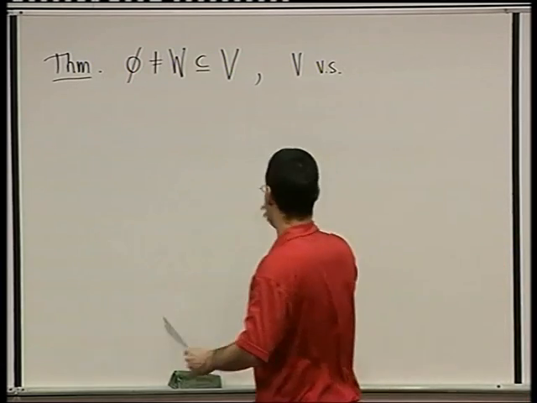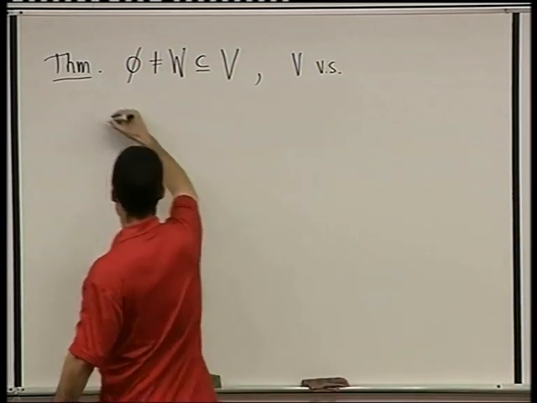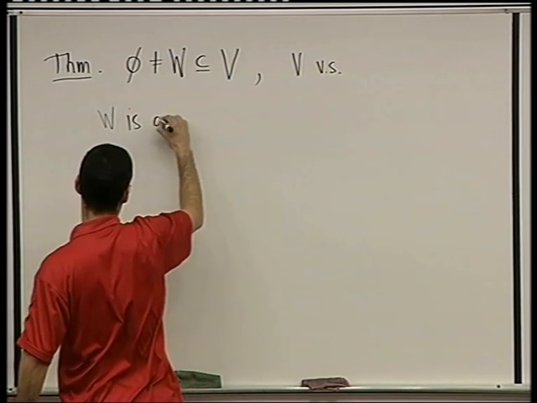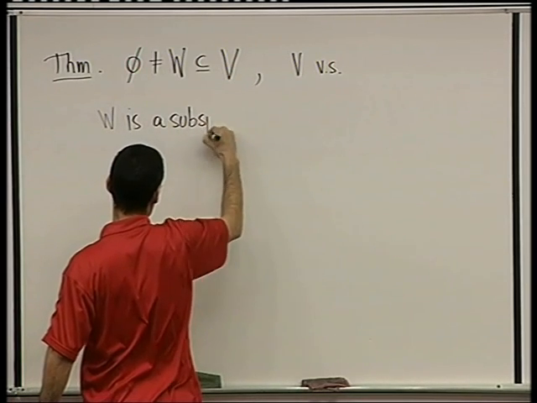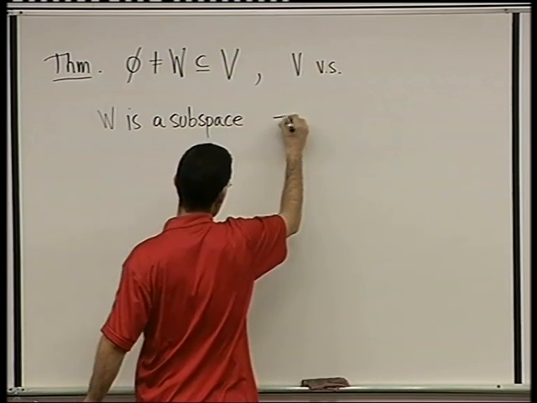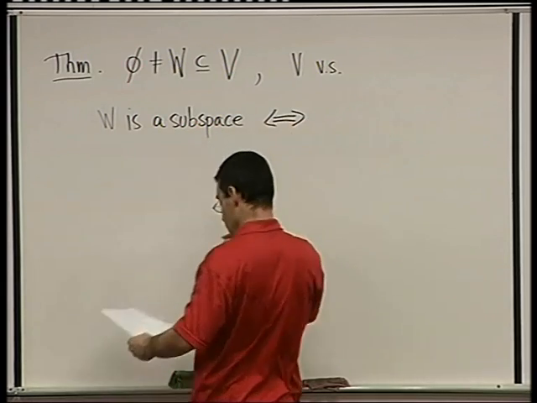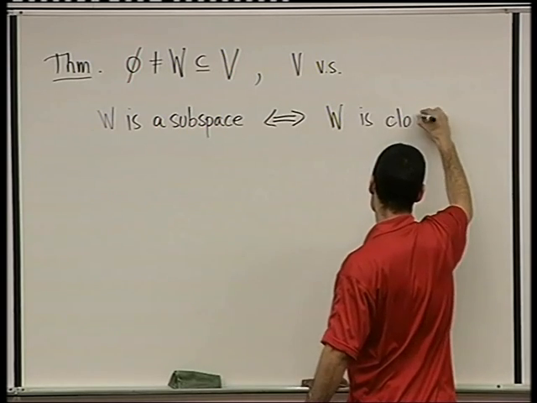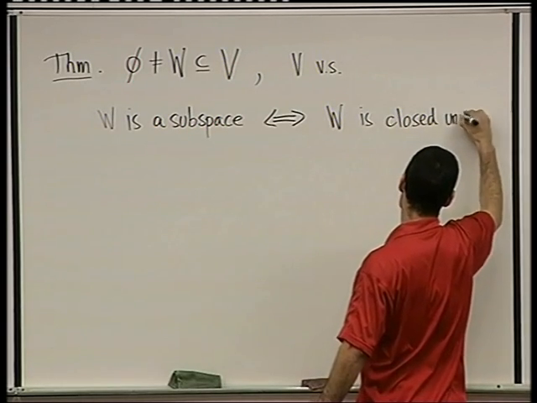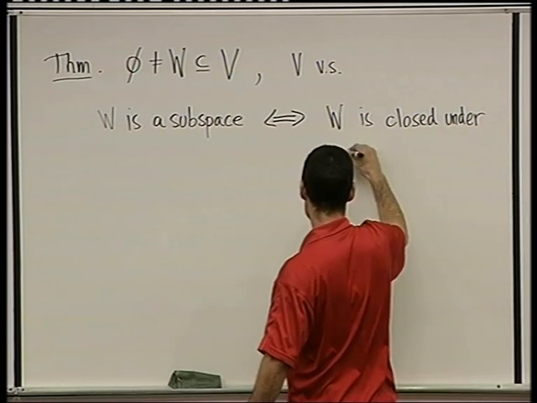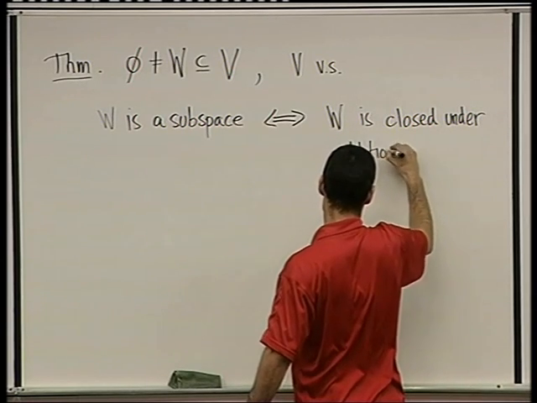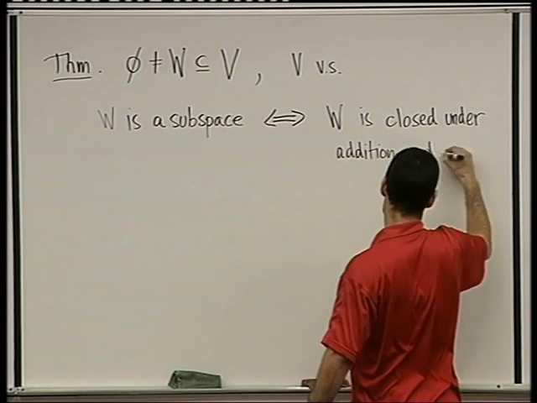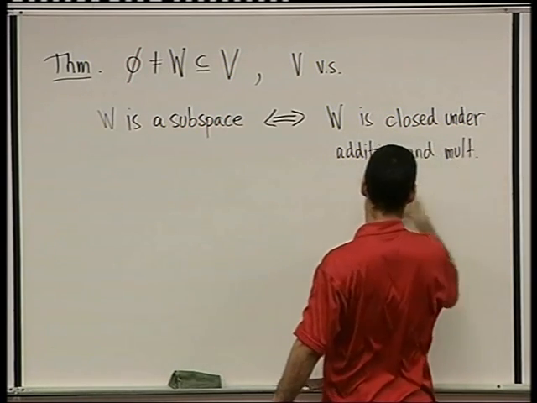Okay, so W is a subspace if and only if W is closed under addition and multiplication by a scalar.